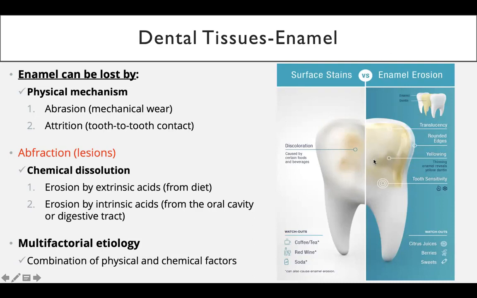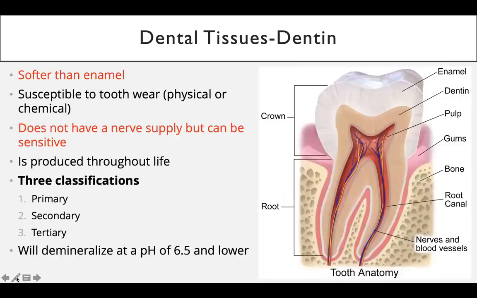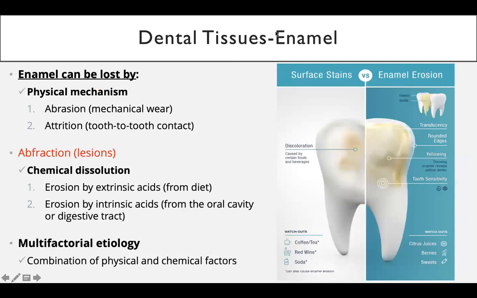There will be yellowing, and then there will be tooth sensitivity towards the deeper region, because the deeper tissues have innervation, but at the surface we don't, because enamel does not have innervation. But when cavities form, it reaches the tissue below where there is innervation.